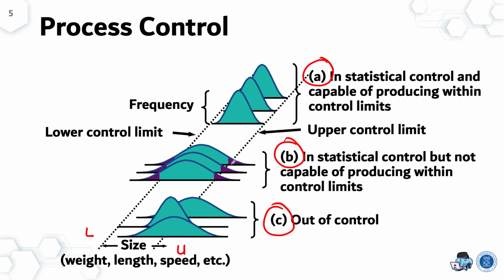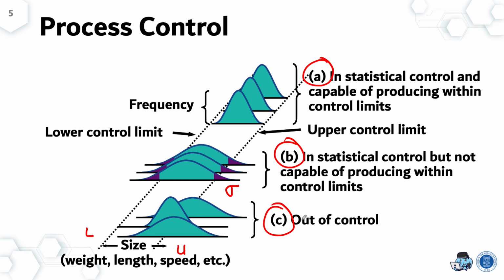If we see further in situation B, we call this one statistically in control but not capable of producing within the control limit. This is due to very high variation, or too high sigma, in the process.